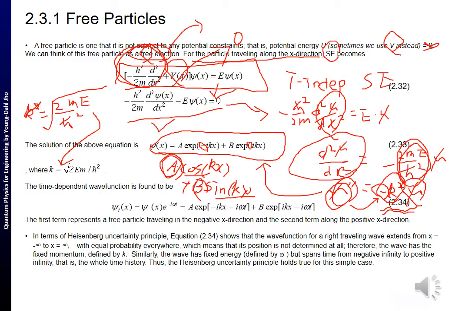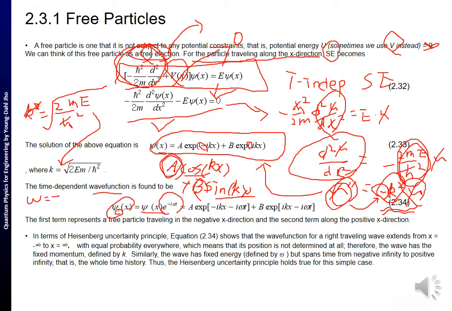The time dependent wave function is then found to be, the subscript t indicates time dependent, the original time independent wave function multiplied by e to the minus i omega t.